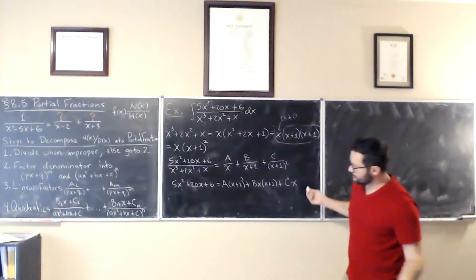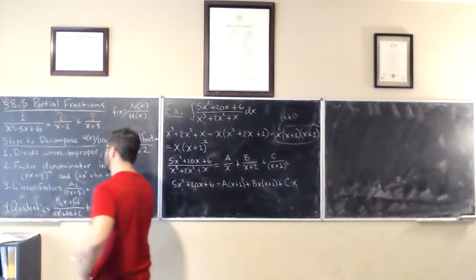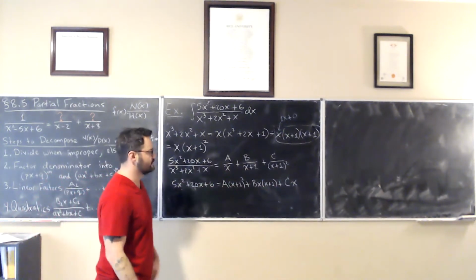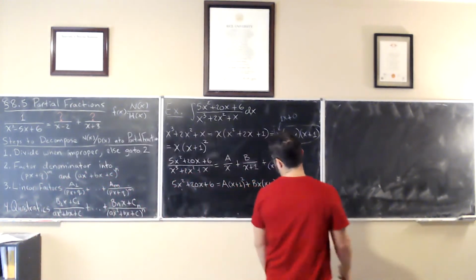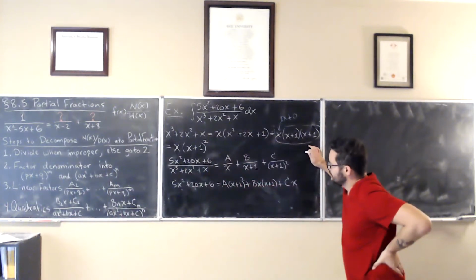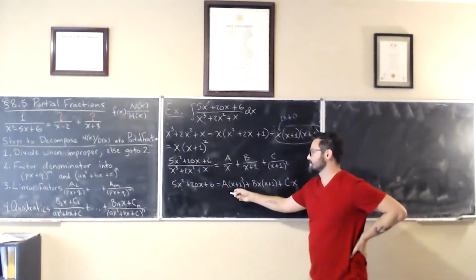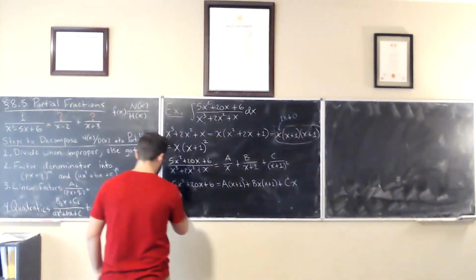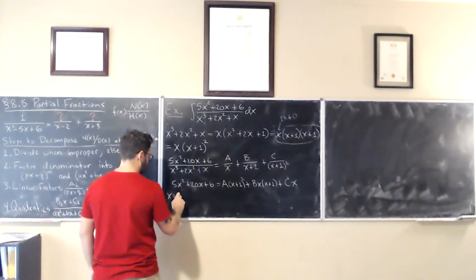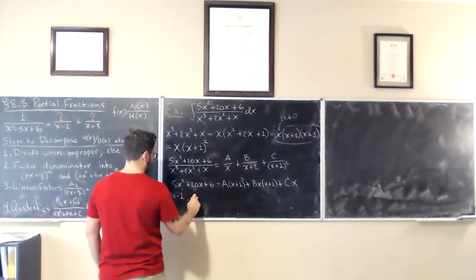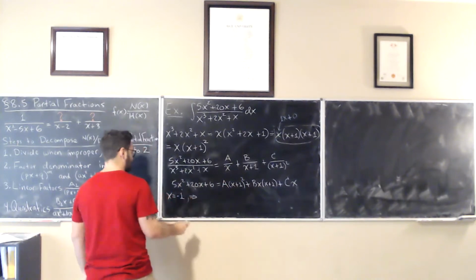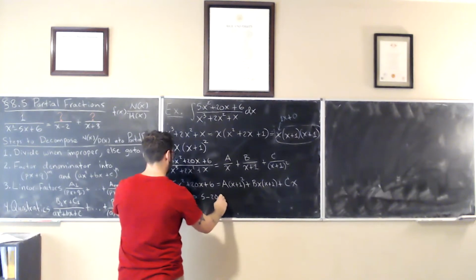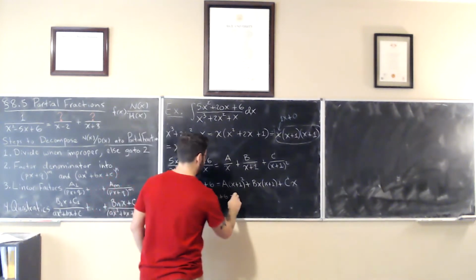So now, as before, we just need to pick appropriate values for x so that we can figure out what our variables A, B, and C are. I think the easiest one would be x equals minus 1, because then that will be 0, and we're left with C. So what happens when x is minus 1? Then this will be 5 minus 20 plus 6 on the left-hand side.